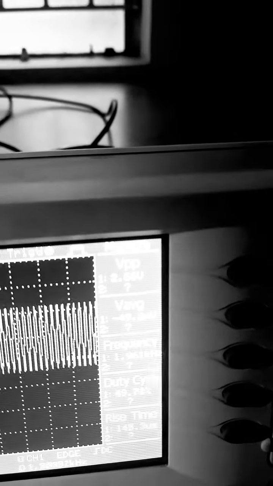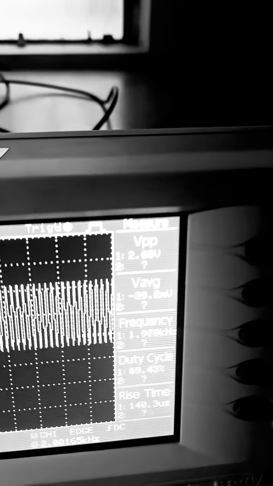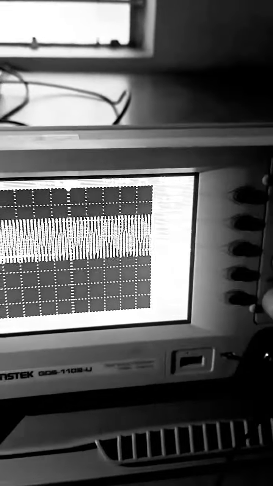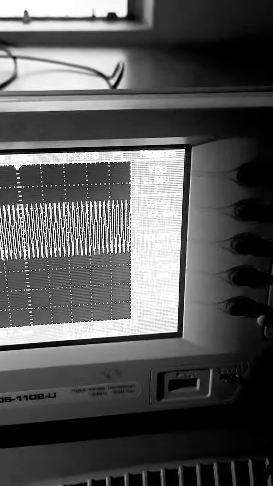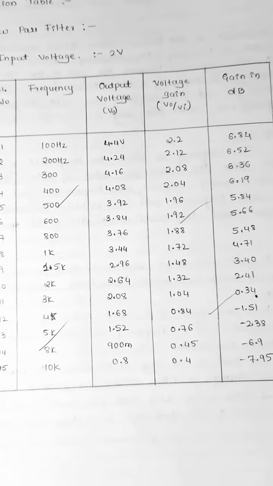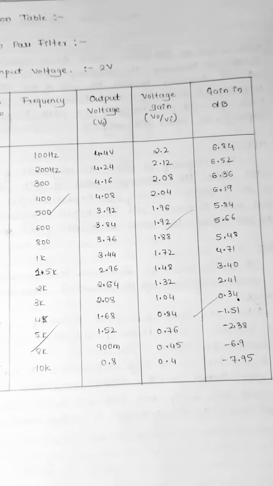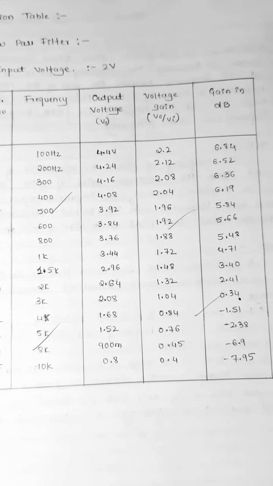For 2 kilohertz the voltage is 2.56 volts. Similarly, I'll go on increasing the frequency, and I'll note down the output voltage each time. So these are the sample readings for LPF.